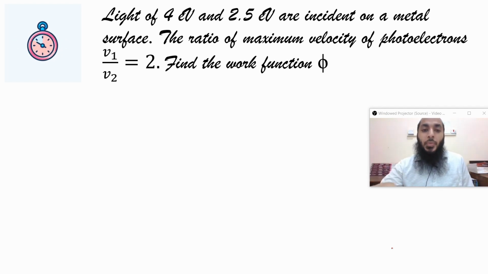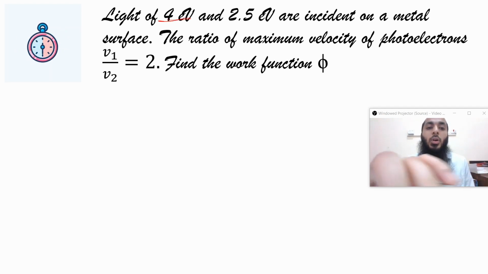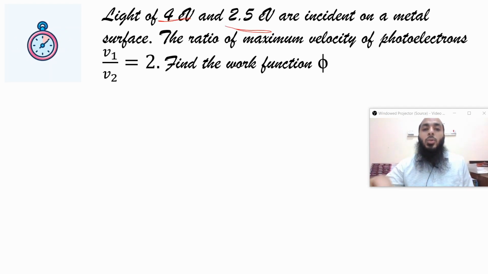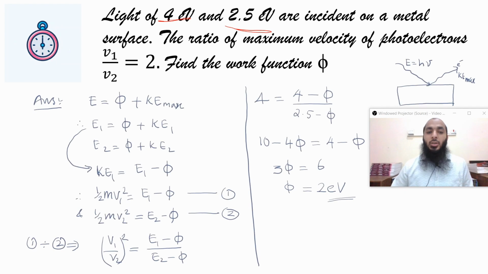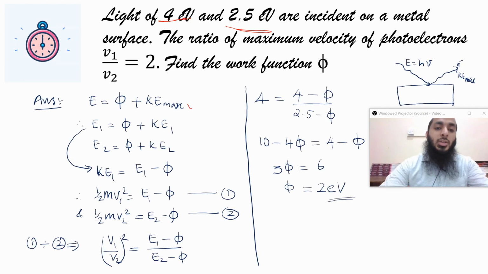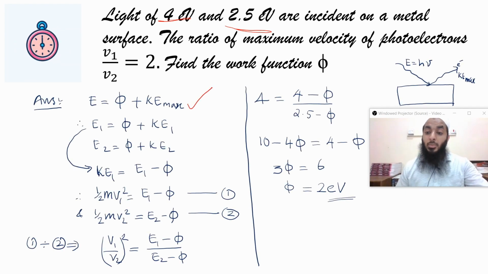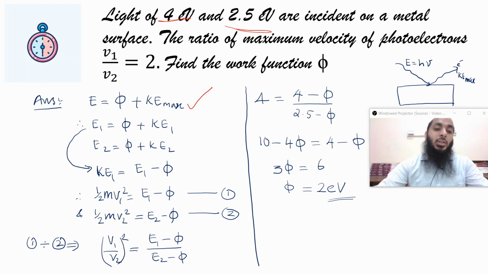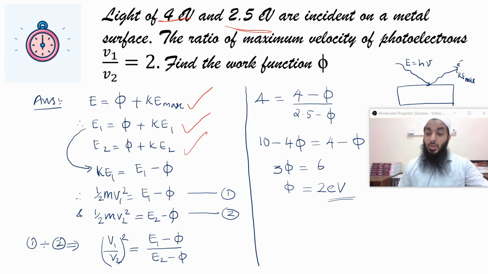Okay, so now there are two photons. When they strike, what will be the energy? Energy is equal to work function plus the maximum kinetic energy of the photoelectron. For each of the cases, we can write E1 is equal to 5 plus KE1, and E2 is equal to 5 plus KE2.